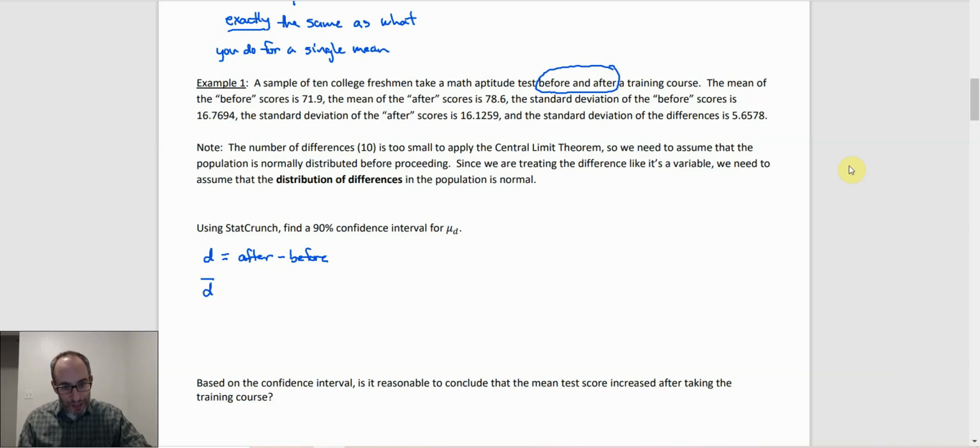That doesn't work for the standard deviations, but it does work here. So what we could do here is say this would be 78.6 minus 71.9. So it looks like that's 6.7.